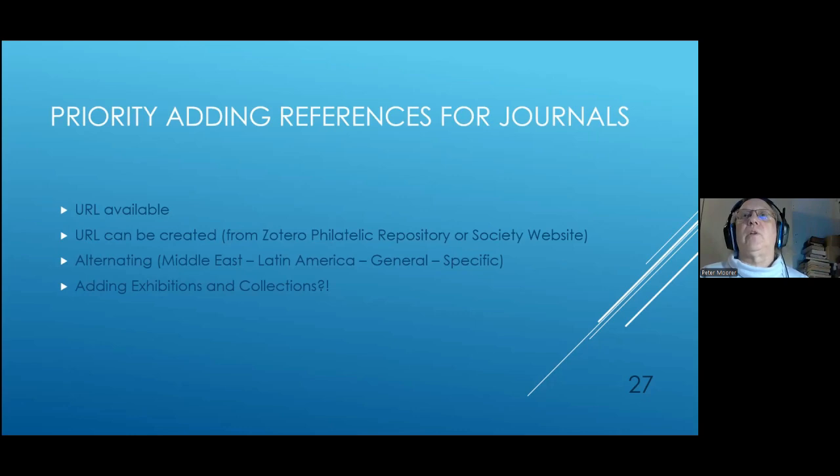And you will not always find that in handbooks or any other things. That's still something I have to think about. And then besides books and journals, I would have exhibitions and collections to search for.